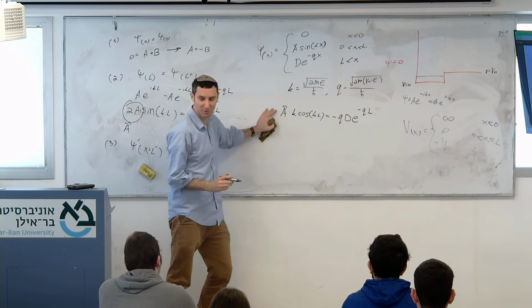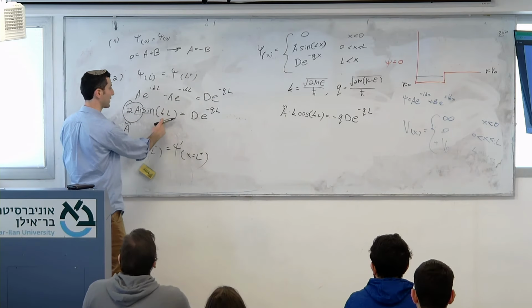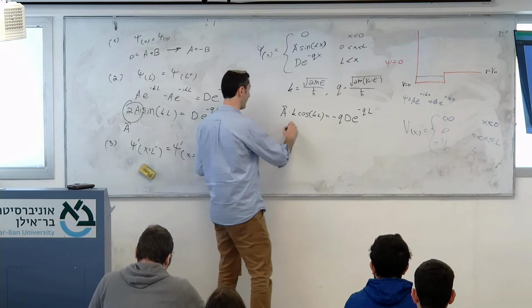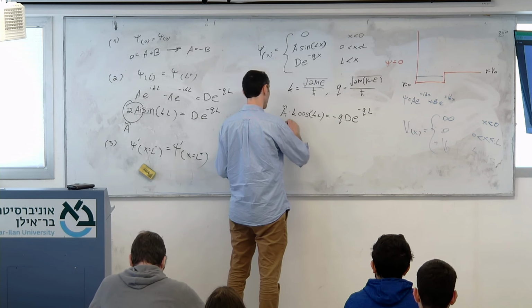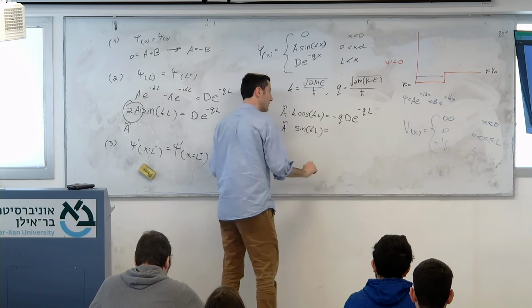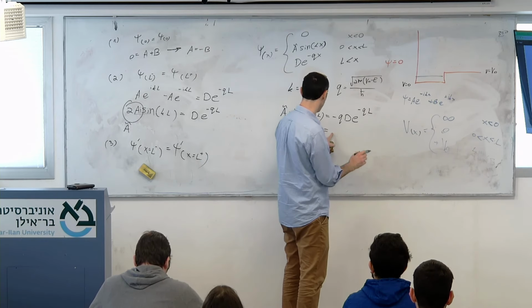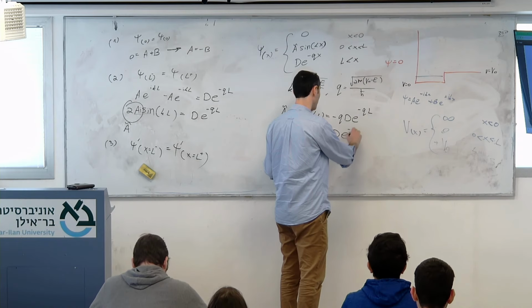This is the continuity of the derivative. Let's rewrite this line here: A tilde sine kL is equal to D e to the minus qL.